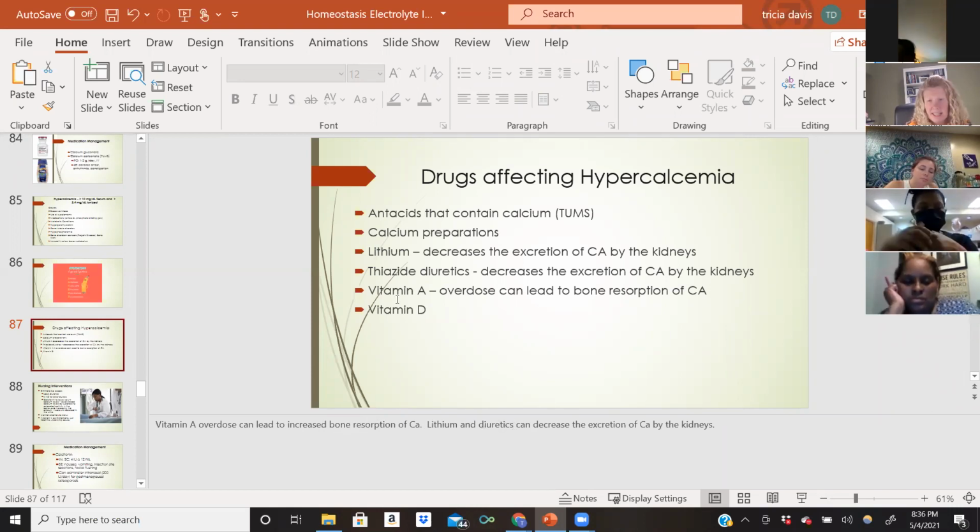We have the thiazide diuretics, which decrease the excretion of calcium by the kidneys. Certain calcium preparations, and then we said antacids. So we give patients Tums to bring their calcium levels up. Well, sometimes they take too many and then they have hypercalcemia. And then of course, vitamin D.